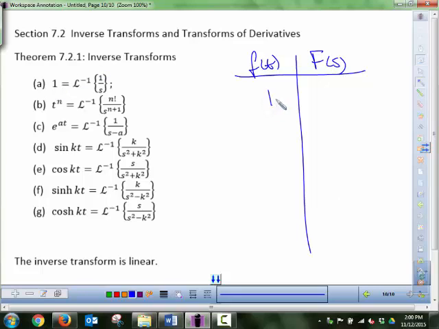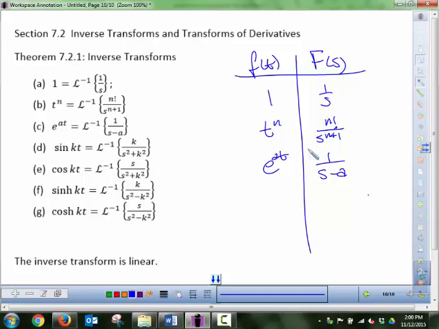So in other words, 1 and 1 over s, t to the n, and n factorial over s raised to the n plus 1 power, e to the at, and 1 over s minus a, etc. So if you look at the back of your book or the appendix or somewhere, maybe the front cover, you'll see a table of Laplace transforms that would look like this. And it should just be clear that you go from one way to the other. That's the regular transformation. And if you go from your S world back to the T world, then that's the inverse transformation.